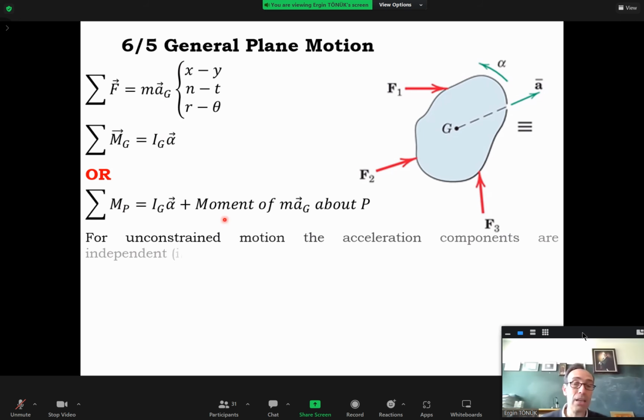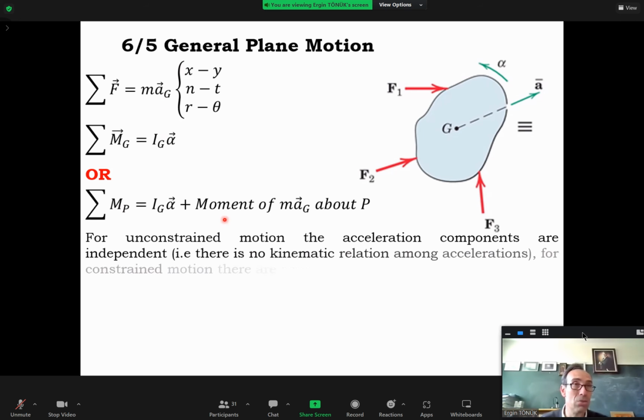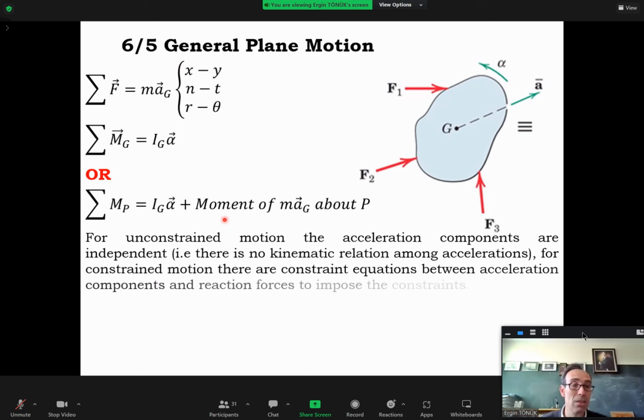What we have to consider is constrained and unconstrained motion. For unconstrained motion, the acceleration components, that is the two components of a_G, either xy and t or r theta, and alpha are three independent quantities.